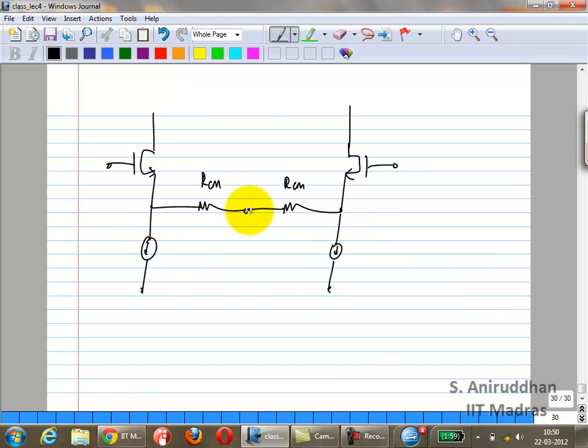So we want to take care of loading, and somebody was saying something about using a common source, or rather a source follower. Okay? What is this voltage? Let me call this MB1 and MB2.